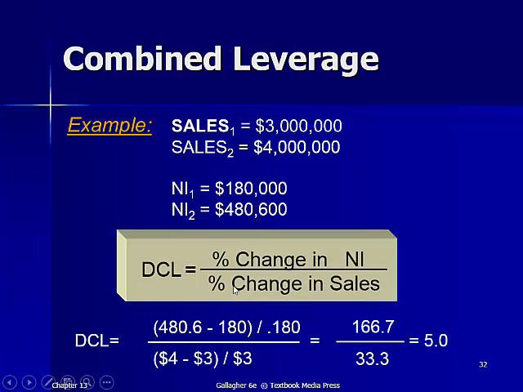The percent change in your sales could be negative, which means that your sales are going down, in which case your net income would go down by 5 times the percentage as the decrease in your sales. So leverage cuts both ways. It magnifies things in the upward direction, and it also magnifies things in the downward direction.